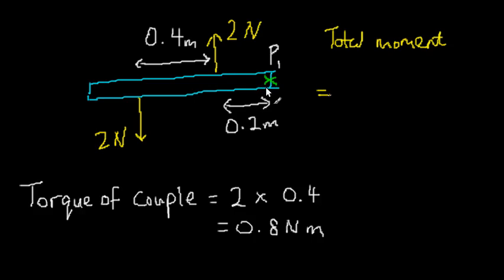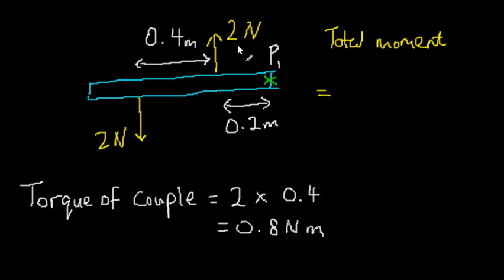If we have this imaginary pivot down here, this force here would tend to rotate the object, the rod, this way around the pivot. So that would be clockwise. That force would tend to rotate anti-clockwise about the pivot.